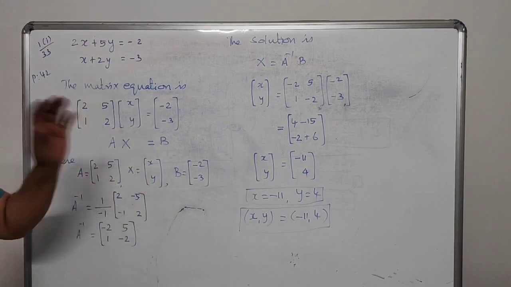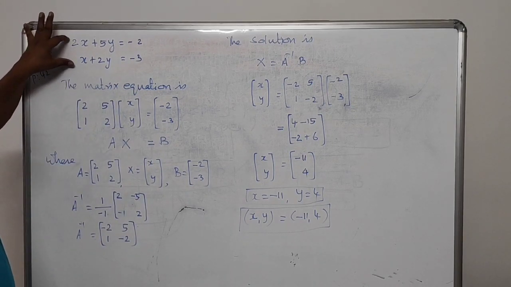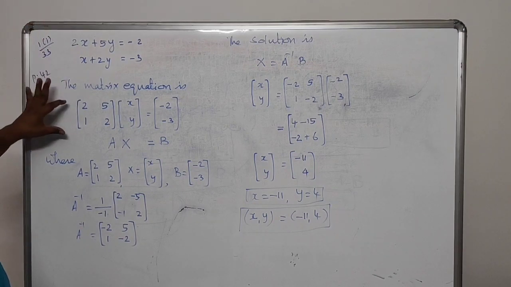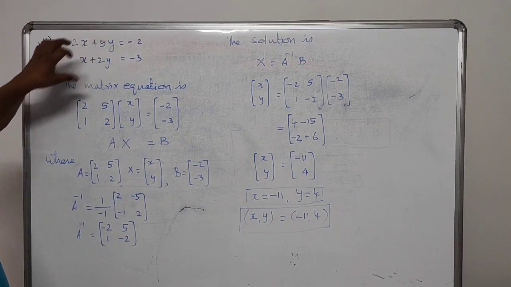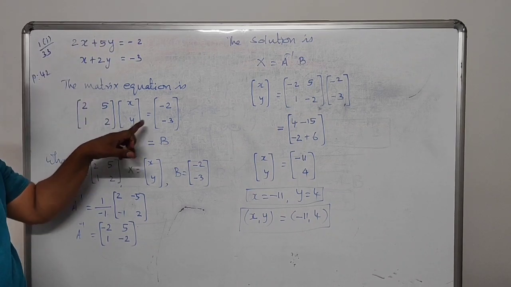Once again, these are the given equations in algebraic form. These equations can be rewritten as a matrix equation by detaching the coefficients, first the coefficient matrix, then the variables matrix, then the right hand side constants matrix.